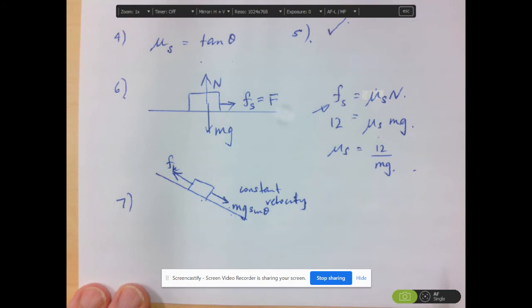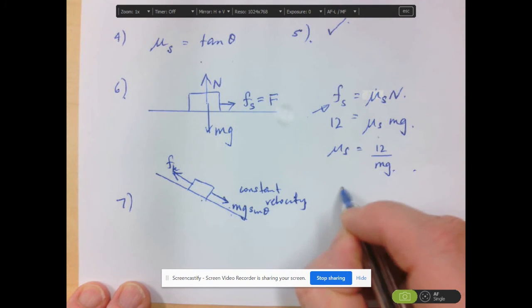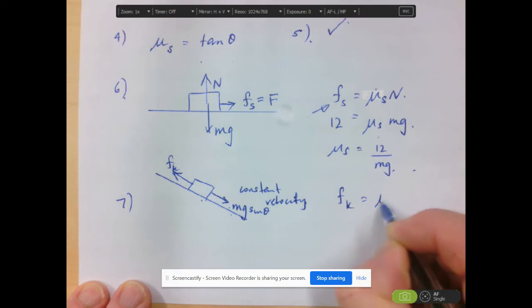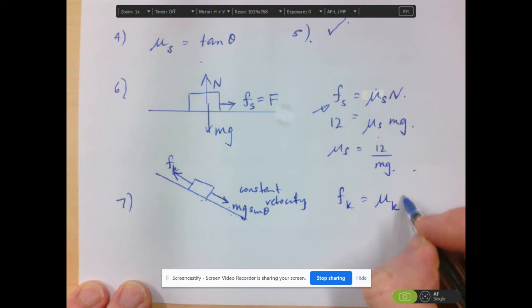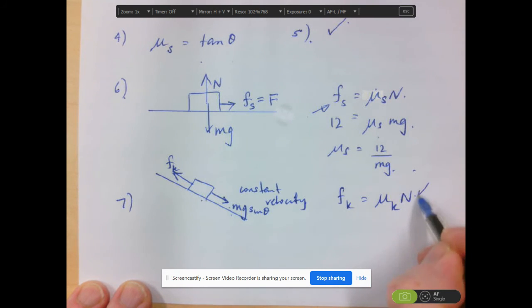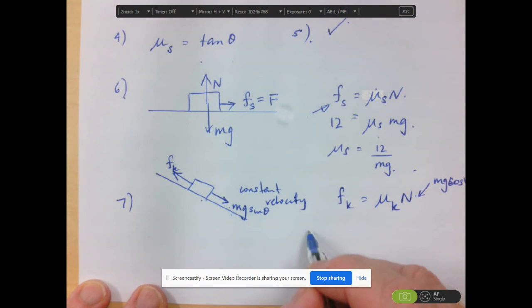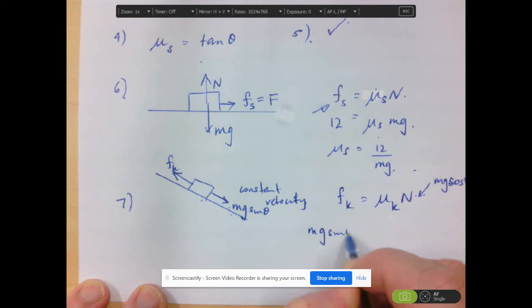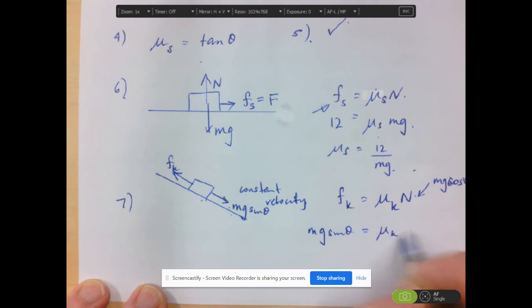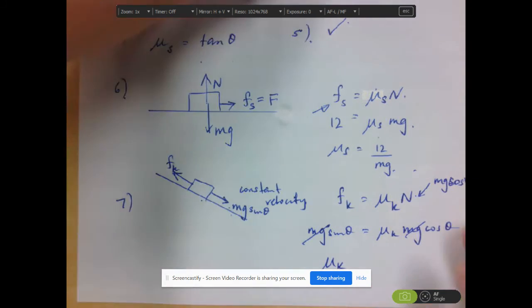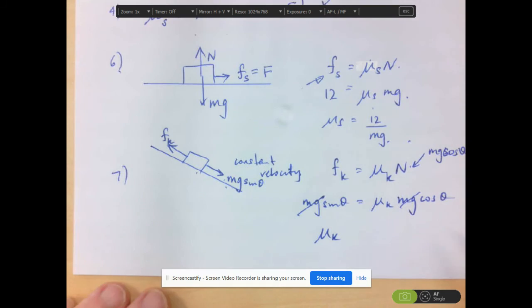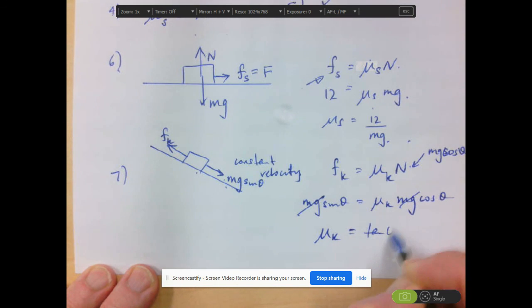Once again, it's exactly the same. The force of kinetic friction is mu k times n, and n is still mg cos theta. So we know that mg sine theta is equal to mu k mg cos theta, and they cancel. So once again, mu k is equal to tan theta.